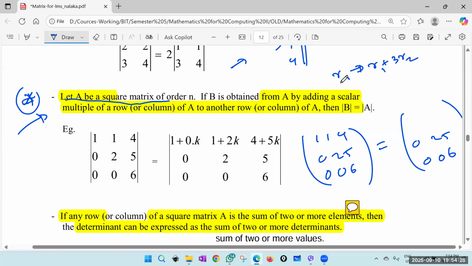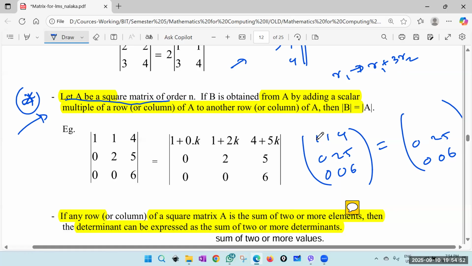Always this must be row 1, but this is any constant times any other row. Then you add it, and we replace this row by this value. For example, I just took 3 as an arbitrary value. It can be -2. Right. So let's do it like this.